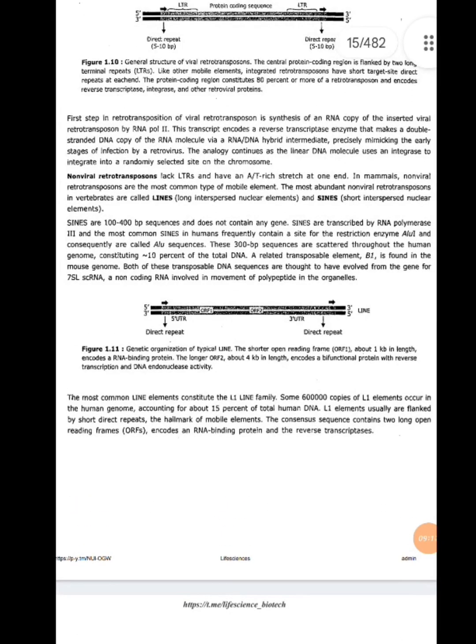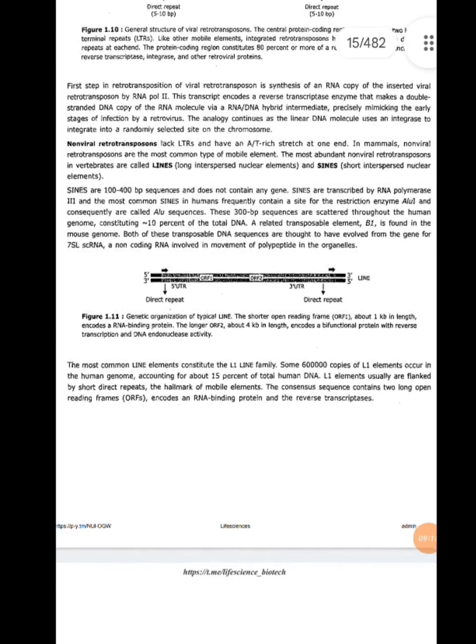Now what are SINEs? SINEs are around 100 to 400 base pair sequences which do not contain any gene. They are just a sequence. They are transcribed by RNA polymerase 3, and the most common SINEs in humans contain a site for the restriction enzyme AluI, and they are called Alu sequences.